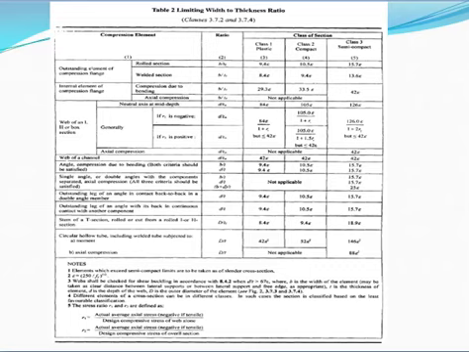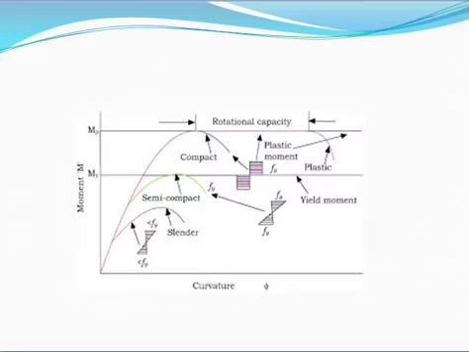These elements can reach up to the yield stress only. You can see in the above figure. In the case of semi-compact, the moment resisting capacity is the yielding moment only, not the plastic one.